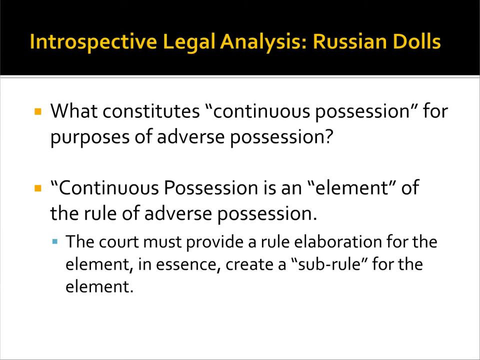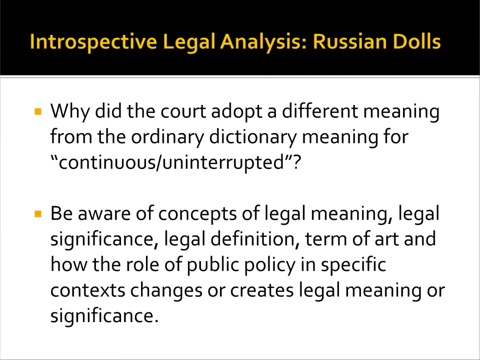And we know that continuous possession is generally an element that must be met in an adverse possession context. So here, continuous possession is an element of the rule, and the court needed to provide a rule elaboration for the element. In essence, the court was asked to create a subrule for the element.